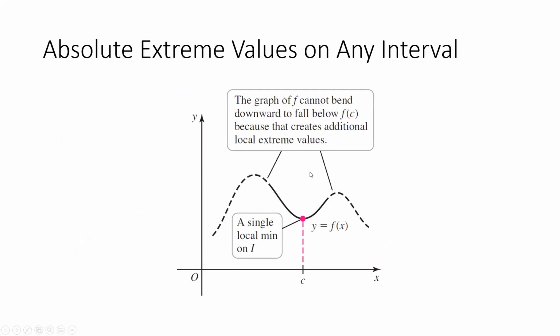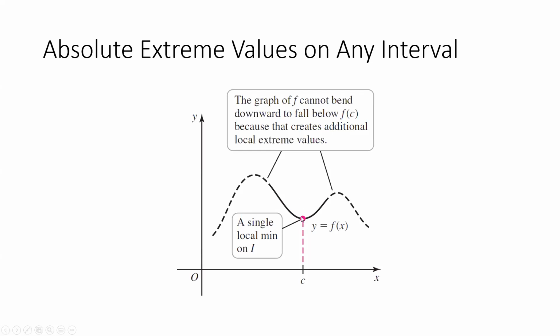So here's another kind of way to look at it. We know that if it has only one local minimum, then there won't be any other local extreme values in the graph, because if it did, then that one wouldn't be the absolute minimum.